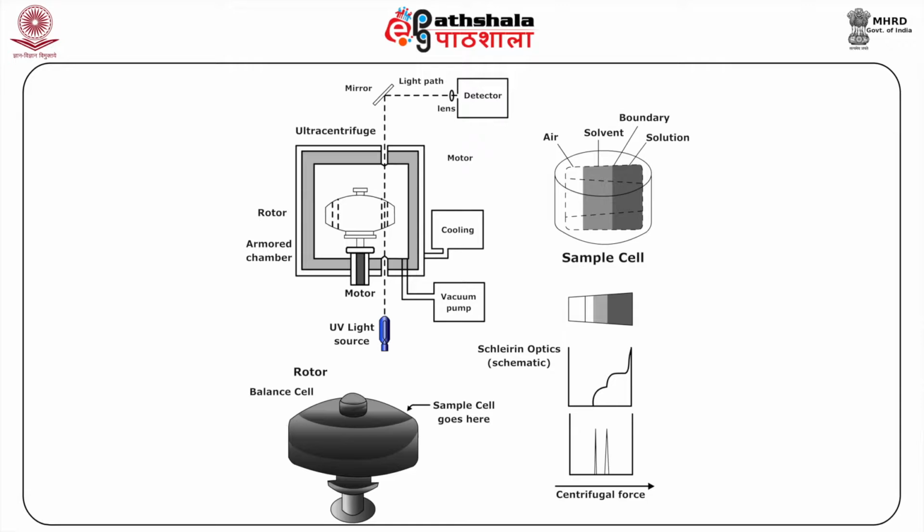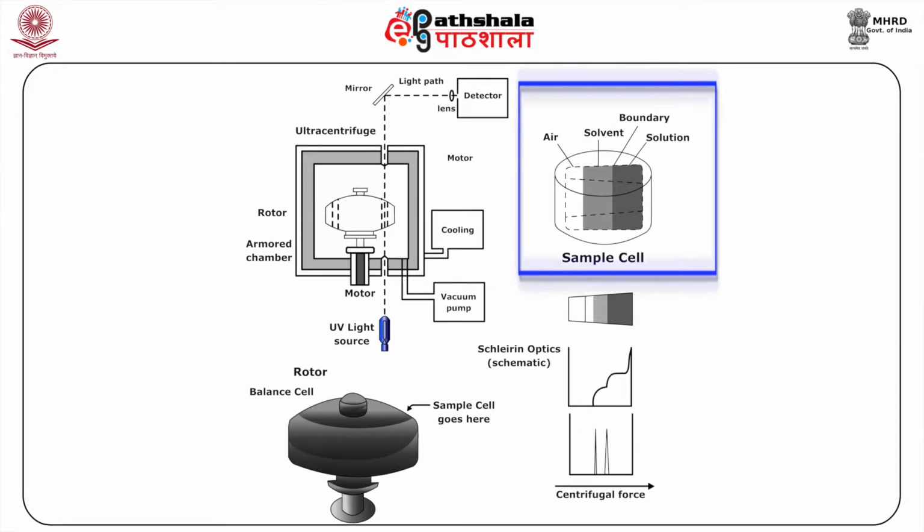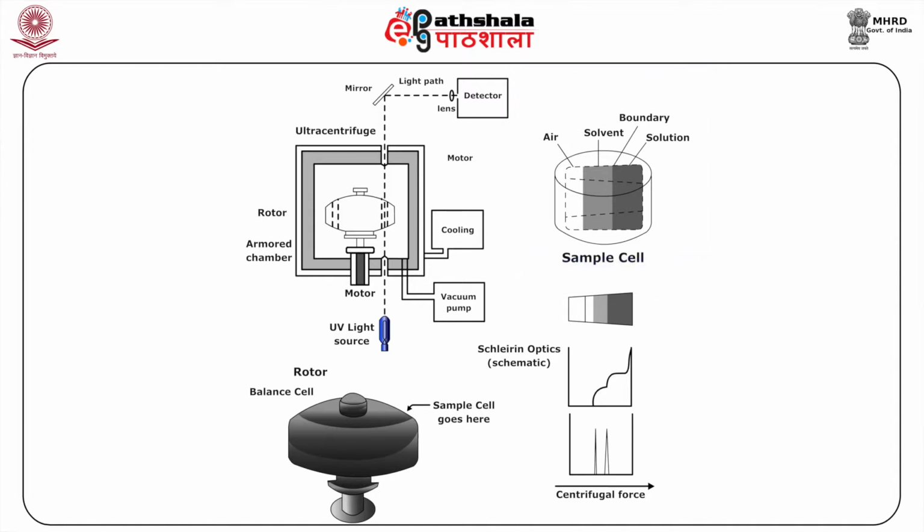Light which comes from a UV light source passes through the sample cell and then is reflected by a mirror onto a detector. Therefore, the boundary of the sedimenting material, which has been indicated diagrammatically on the right side of the figure, can be easily located.